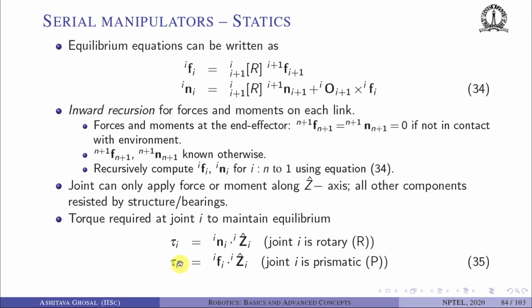How much force or how much torque should I apply at joint i such that the whole manipulator remains as a structure? So we know that the motors can only apply force along the joint axis or rotate about the joint axis. So hence we can find the Z component of this Ni or the Fi vector. Fi if it is a prismatic joint, Ni if it was a rotary joint.